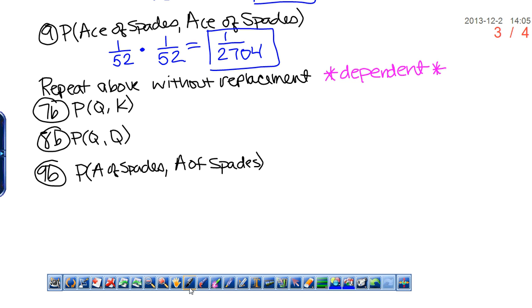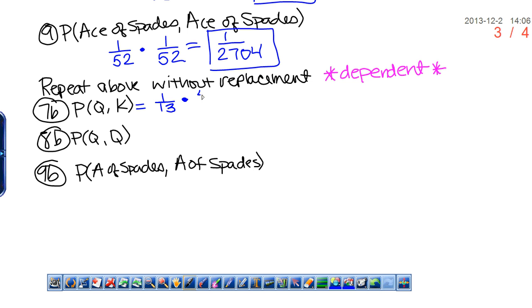All right, so I'm going to repeat the first one, the probability of drawing a queen and then a king without replacement. So the probability of drawing the queen on the first draw would be 1 out of 13. And then I want to draw a king. Well, have I taken away any kings?